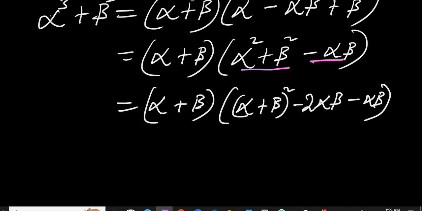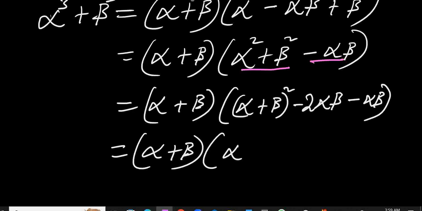So now negative 2 alpha beta negative alpha beta, that is going to give us negative 3 alpha beta. So we can write this as (alpha plus beta) squared negative 3 alpha beta.